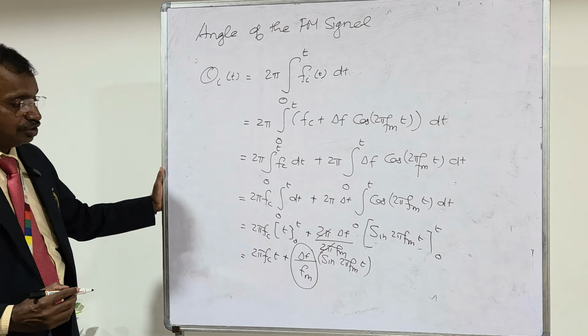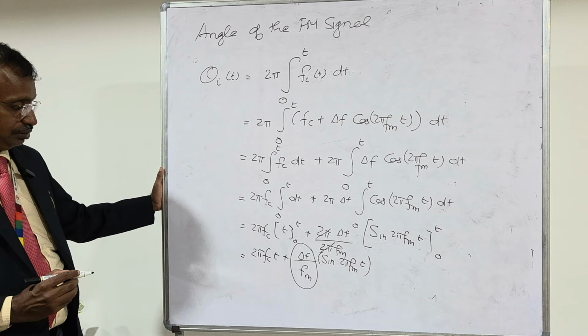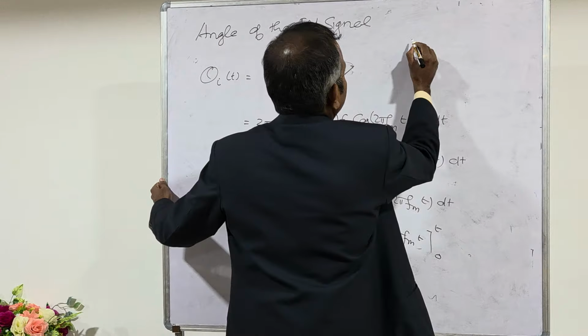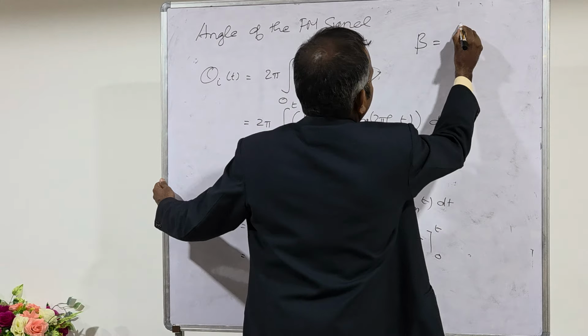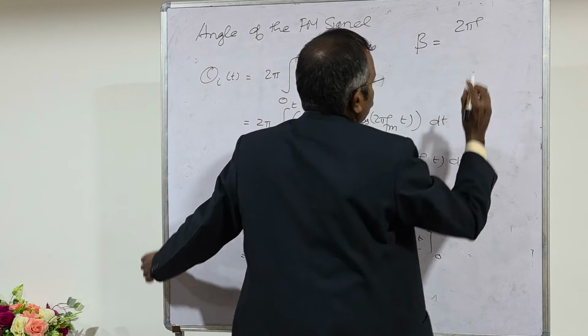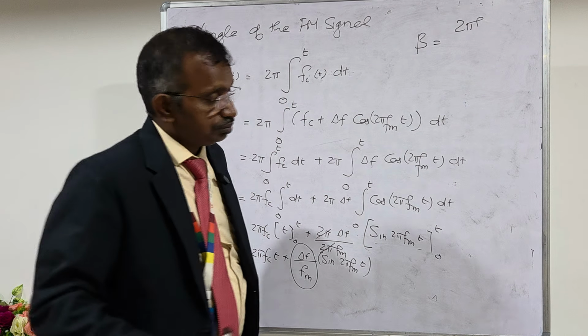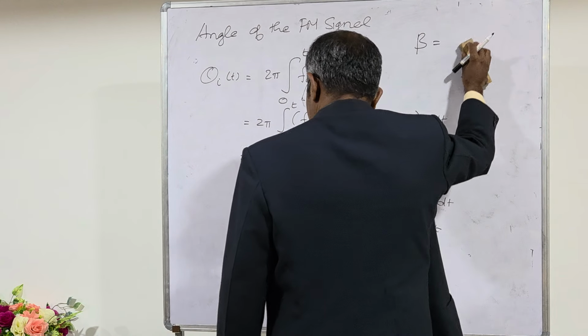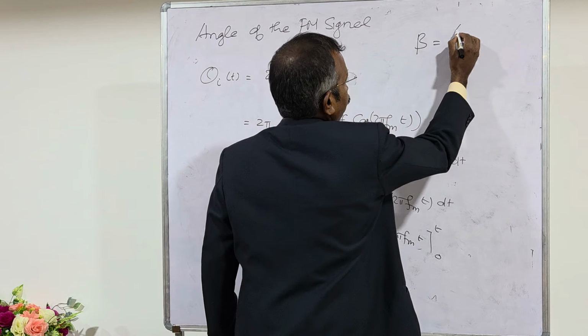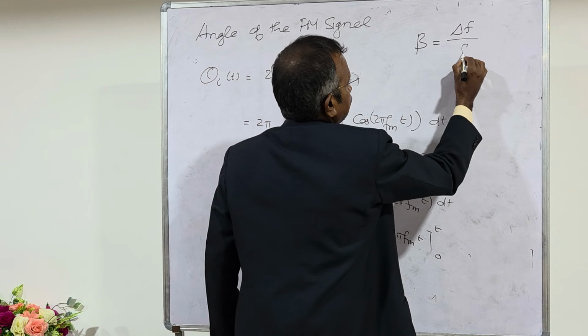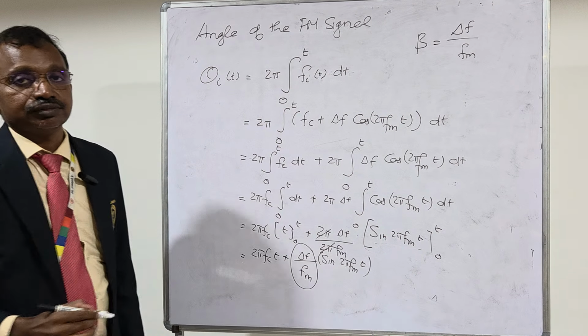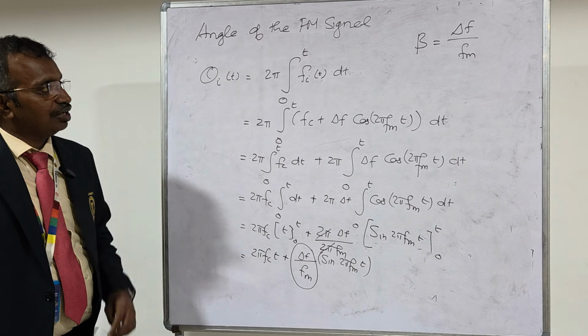So modulation index beta is equal to del f by fm.